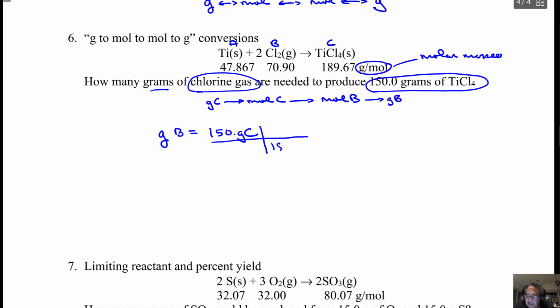So it's 189.67 grams of C for every 1 mole of C. Now, if you want, you can write the chemical formulas, but I'm kind of used to doing it either way. Doesn't really bother me. But I could have written the titanium chloride there for C, or I could have just written C.